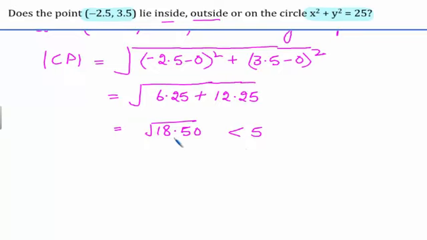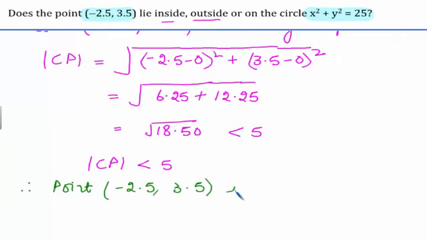Since 5 square is 25 and 18.50 is less than 25, therefore the distance of point C and P is less than the radius. Therefore, the given point with coordinates (minus 2.5, 3.5) lies inside the circle. This completes the solution.